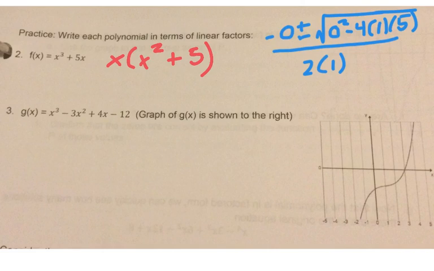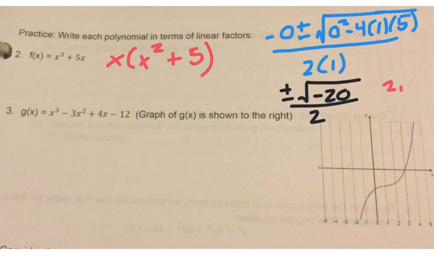And so all we have left is plus or minus the square root of negative 20 over 2. Okay, so negative 20 breaks down to be 4 times 5. Square root of 4 is 2, so that's 2 radical 5. But this is also i, right? So 2i radical 5 plus or minus over 2. And because they both have a 2, those cancel. And so that means the other roots are plus or minus i radical 5.